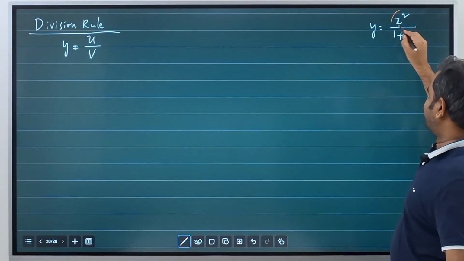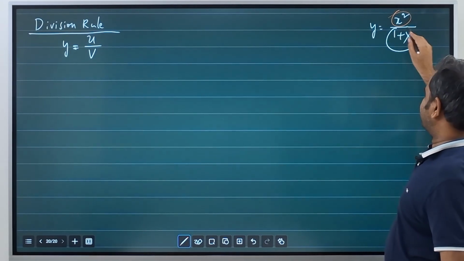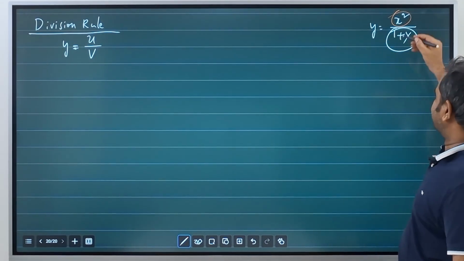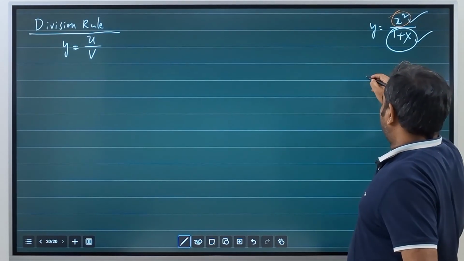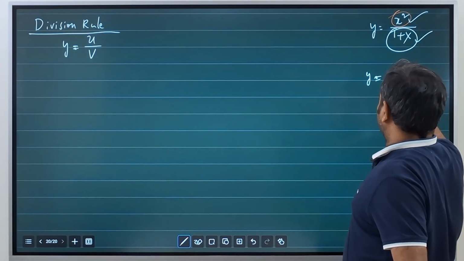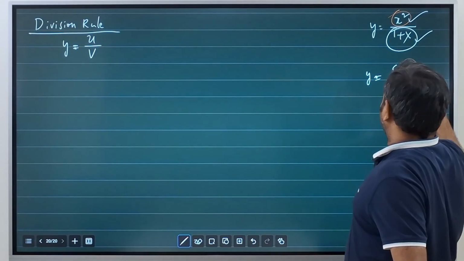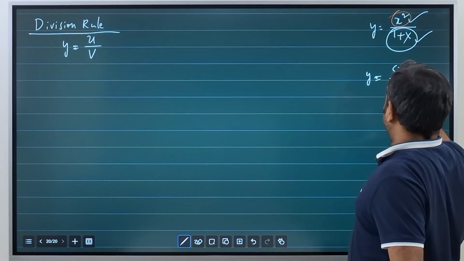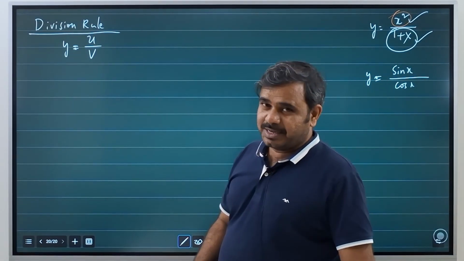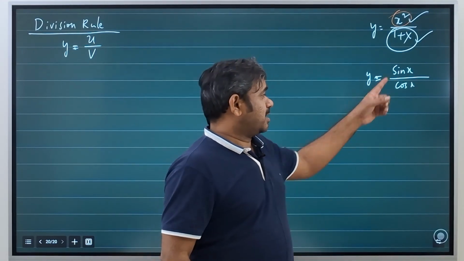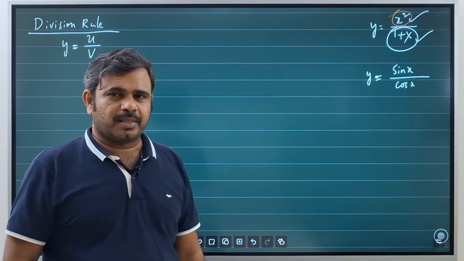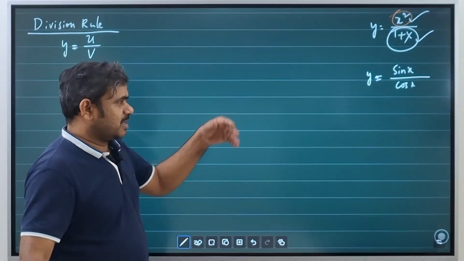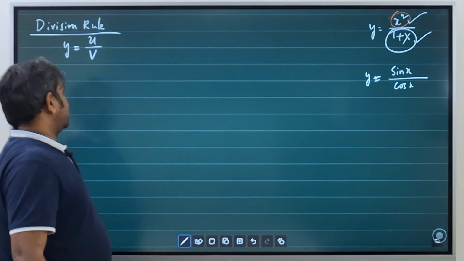The numerator is a function of x, denominator is also a function of x. Numerator is u, denominator is v. Or y is equal to sin x by cos x. Let's say we are finding the derivative of tan x. We can write it as sin x by cos x and apply the division rule.